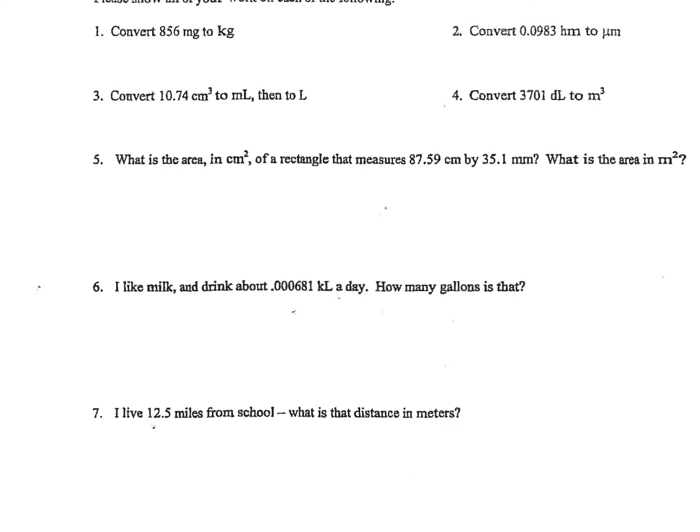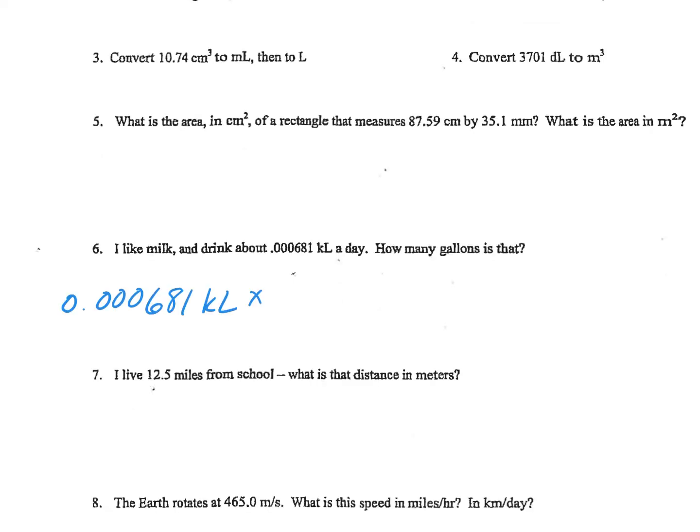Let's set this up. All right, I'm starting with 0.00681 kiloliters. Guys, there are 3 significant figures in that measurement. We're going to stick to those 3 significant figures in this problem, okay? First thing I need to do is convert to liters, so then I can convert to gallons.